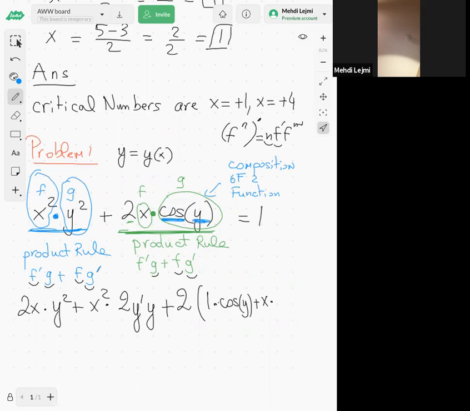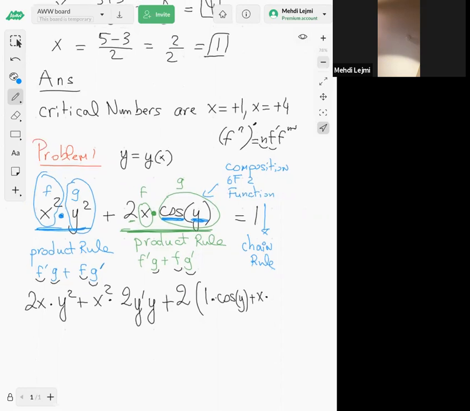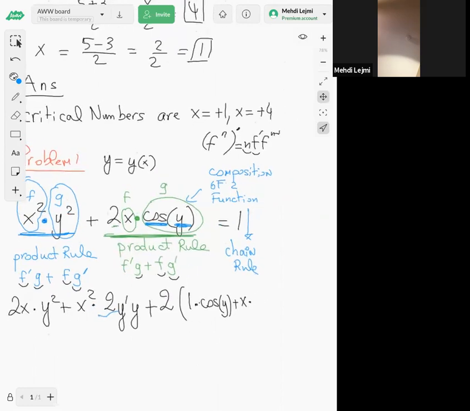Now, for the derivative of a composition of 2 functions, we have to use the chain rule. So I'm going to use the chain rule for cosine of y.